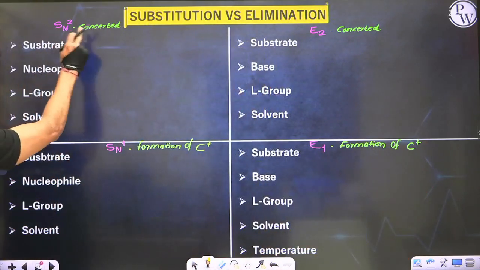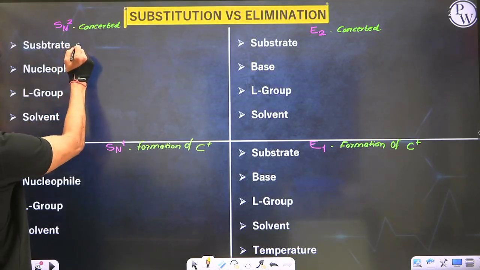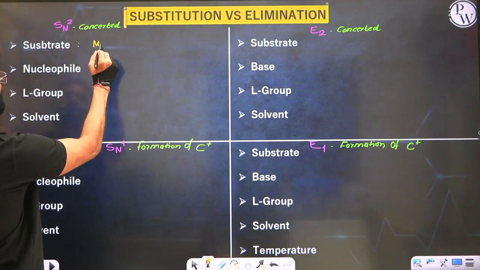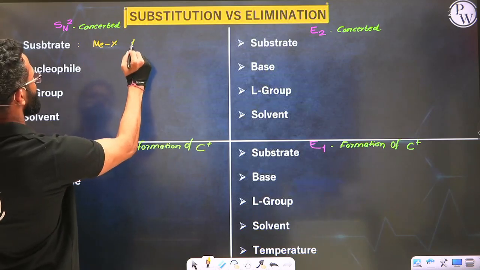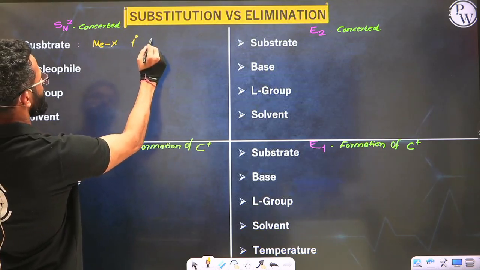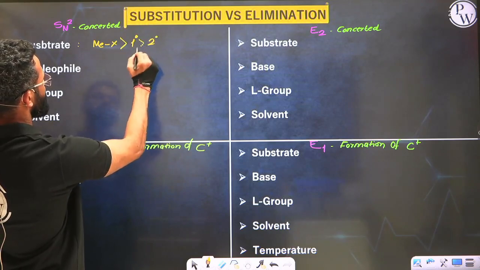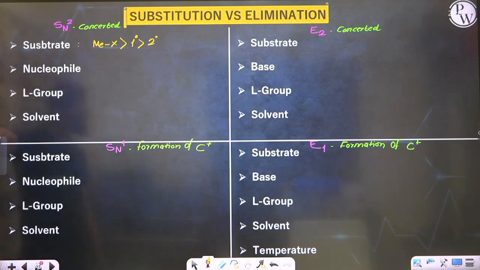Right? Now let us talk about the important feature, substrate. Well, SN2 is concerted, meaning you need strong base and the nature of substrate would be less sterically hindered. So here we will have methyl halide, then primary alkyl halide, then secondary alkyl halide. Most reactive will be methyl halide, then primary alkyl halide and secondary. Tertiary won't give you SN2, right?